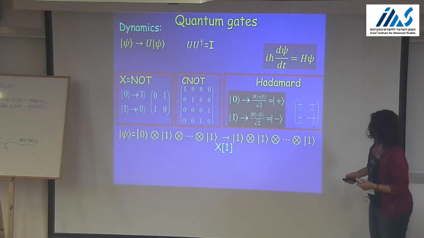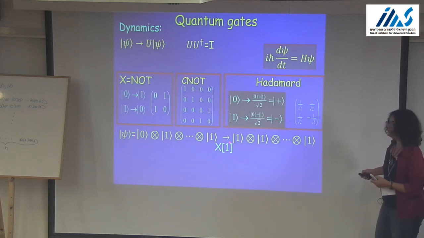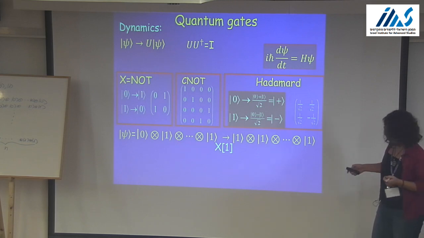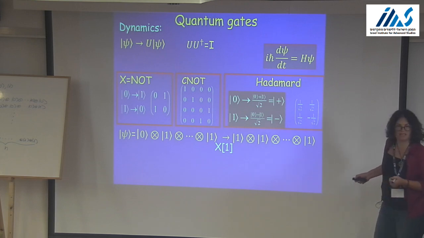Suppose we want to apply the NOT on the leftmost qubit of this string. Then 0 will be flipped to 1, but everything else will stay the same. Just the simplest thing that you can think of. Likewise for Hadamard. Hadamard will just act on this qubit, map it to 0 plus 1, and everything else will stay the same.